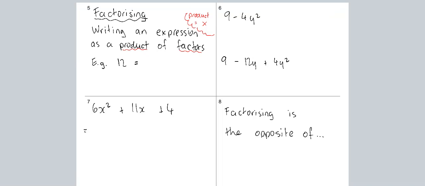So difference of two squares is subtraction. Product is multiplication. Sum is addition. Quotient is division. Okay, so get used to the words. That's part of the rich language which helps us explain things in fewer words once we know what the words mean. So, writing an expression as a product of factors.